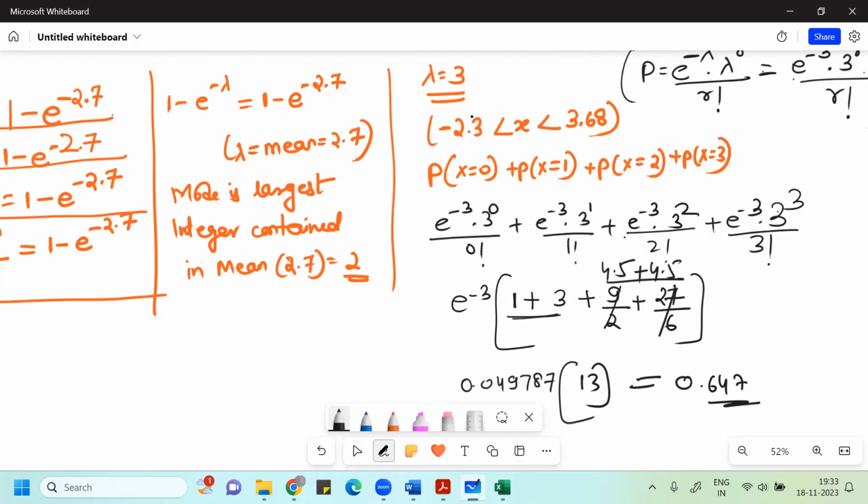And already I told you what is e to the power minus 1 value. If you want to know more about e, you can do that, but here that is not the objective. Good to go, right?